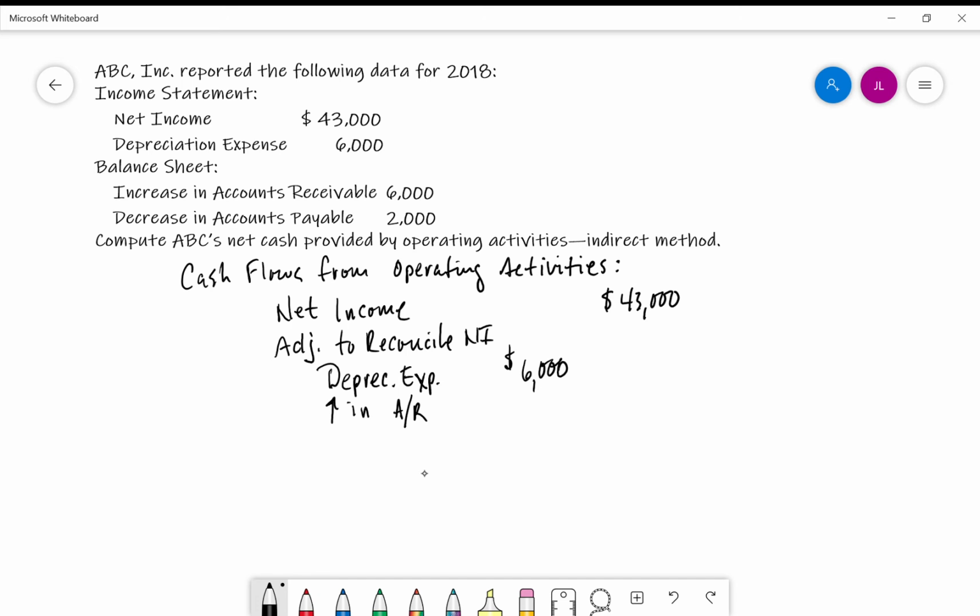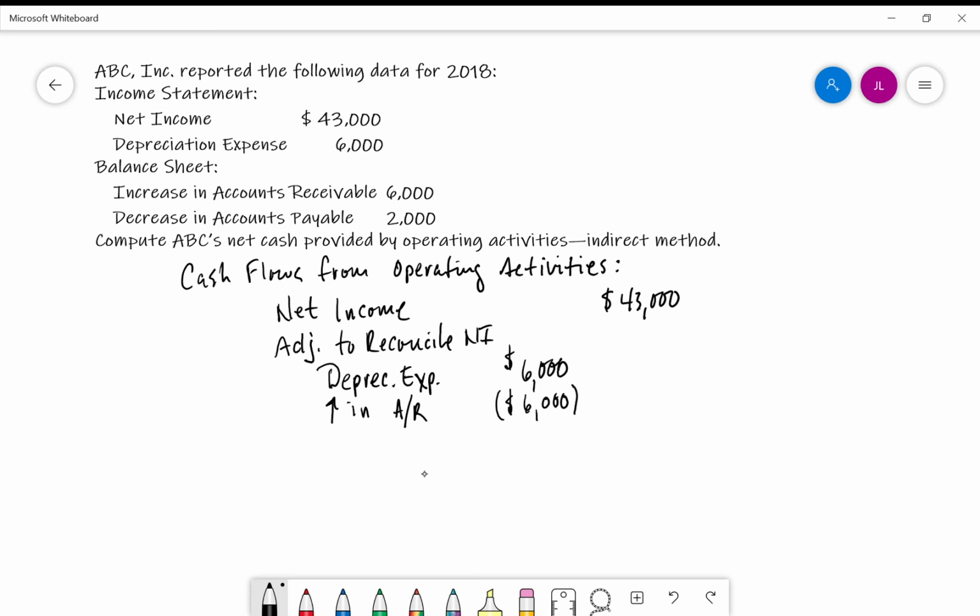So an increase in accounts receivable, from a theoretical standpoint, means that we're not getting the cash that we thought we would be. So an increase in accounts receivable means we're going to see a decrease to cash flows. So this would be a negative $6,000.